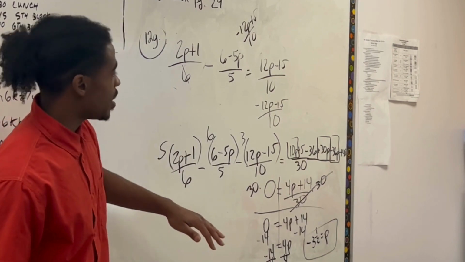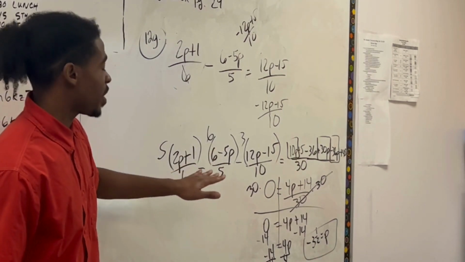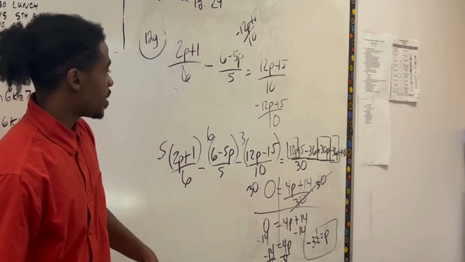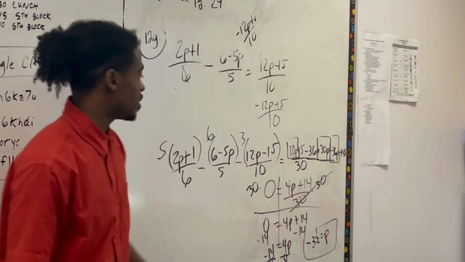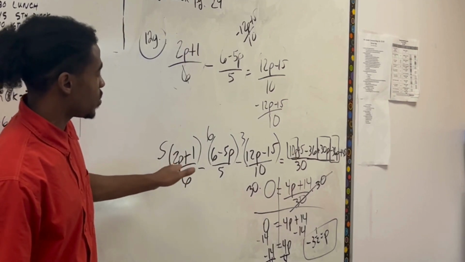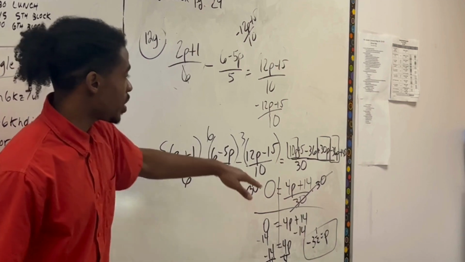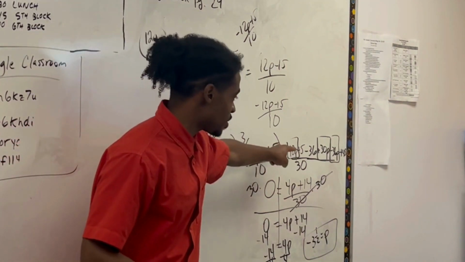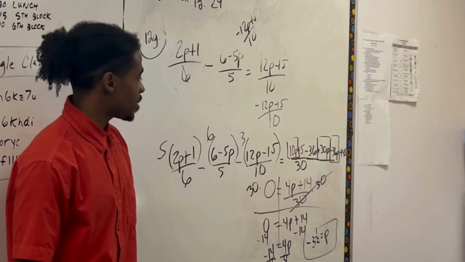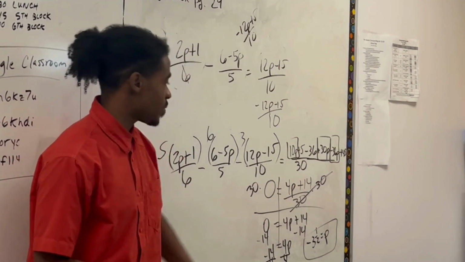Once we did that, then it was kind of up from there. I feel like y'all were like, okay, this makes sense. Then I like to divide the fractions, and then that led perfectly into what? Distributive property. We've been working on that since the first day. We distributed, combined all our like terms, and then just solved our simple equation.